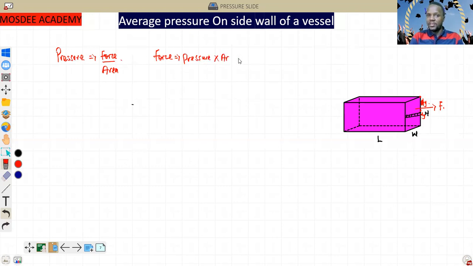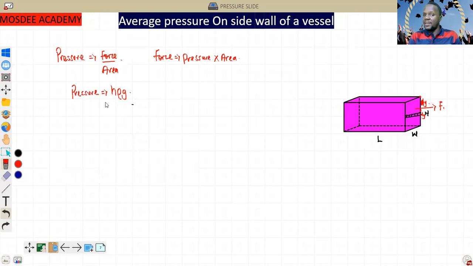I hope you are following this. Now, I only want to take the outward force in this elemental strip. That is the force at a height of y. And we've also studied that pressure is equal to h rho g. Remember that?